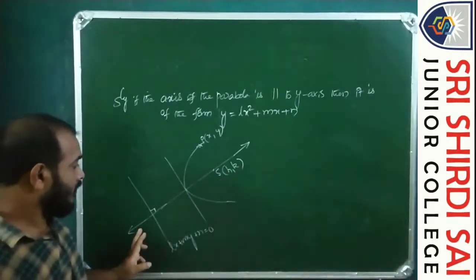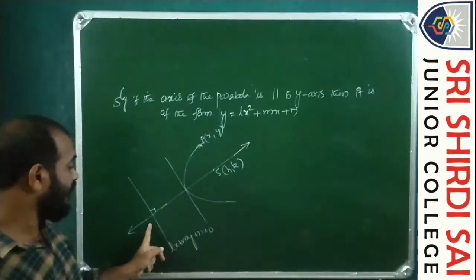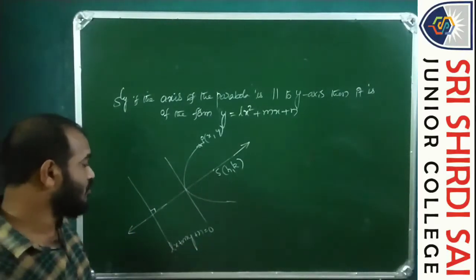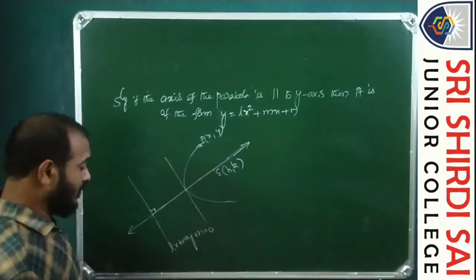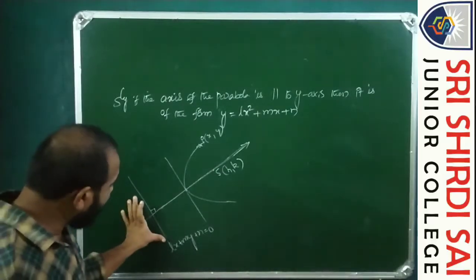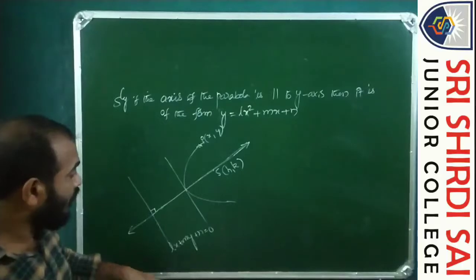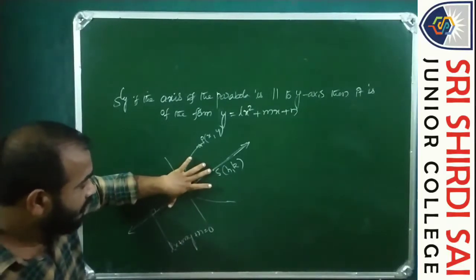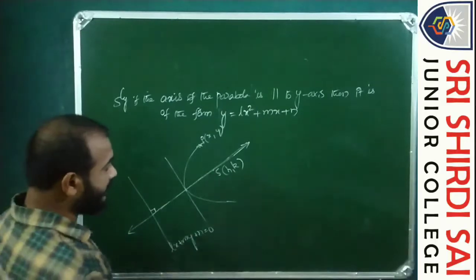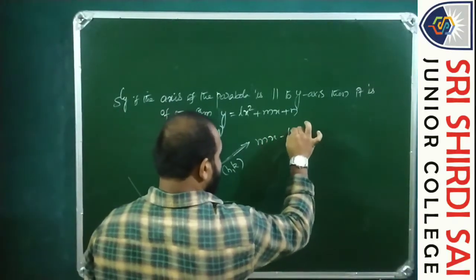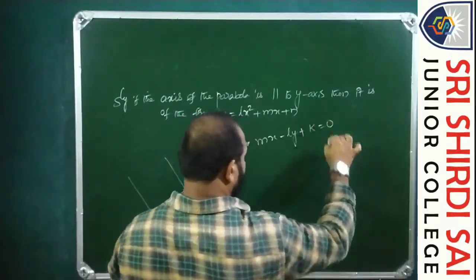To this principal axis, the directrix lx plus my plus n equals 0 is perpendicular. Since the directrix and the principal axis are perpendicular to each other, the equation of this line is of the form mx minus ly plus k equals 0.